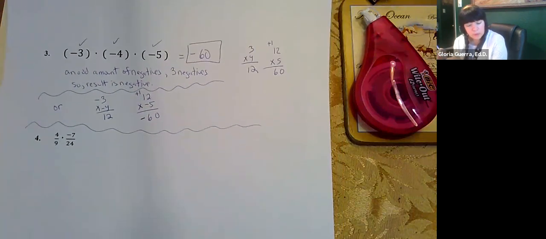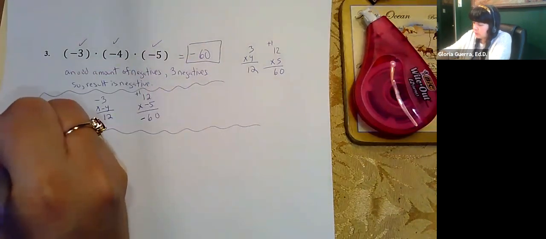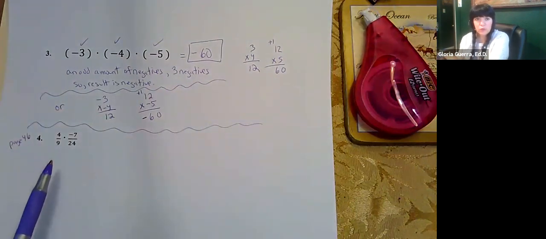Okay, now on number 4, notice how, and again, this is on page 46. Remember, this is the same page 46 that we're working on. Notice how you're multiplying two fractions, 4/9 times -7/24.